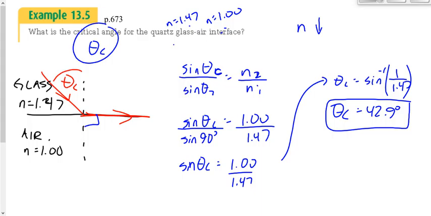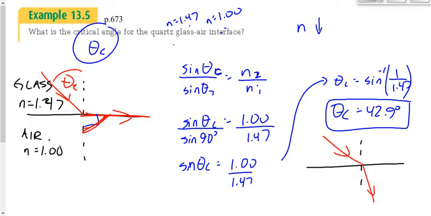If it was going from low to high, we get a diagram that would look like this. Same angle, but notice theta 2 is smaller than theta 1. In order to get reflection, theta 2 has to be bigger than theta 1. If we go from high to low, then theta 2 will be bigger than theta 1.